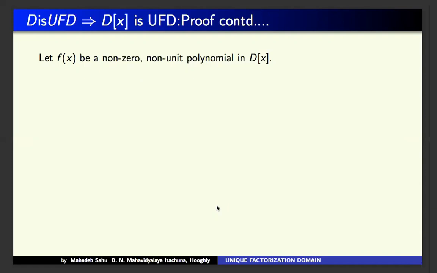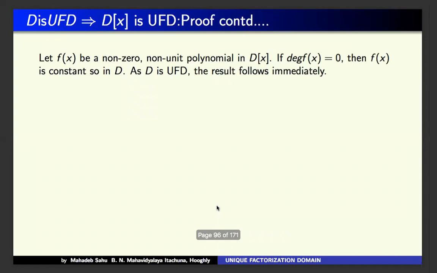I take it first, repeating again: if the degree of f(x) equals 0, then f(x) is a constant, and so it is in D. And as D is a UFD, the result follows immediately, because then f(x) can be written as a product of irreducibles, each of degree 0.